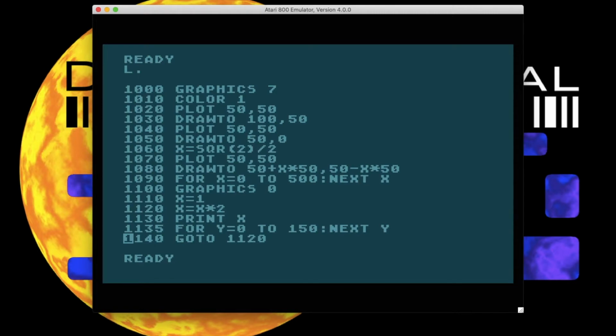So we'll go colon n equals 1. So that's the power. And then we'll add 1 to it each time. And then we'll print n comma x.